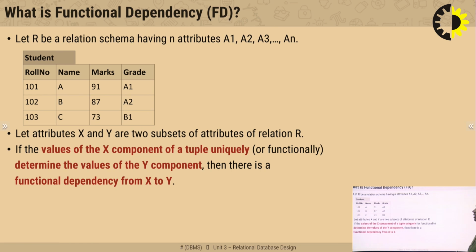Let X and Y, like grade, be two subsets of attributes of a relation R. If the value of the X component of a tuple uniquely determines the value of the Y component, then there is a functional dependency from X to Y. If there is any change in marks, we find the change in grade also.